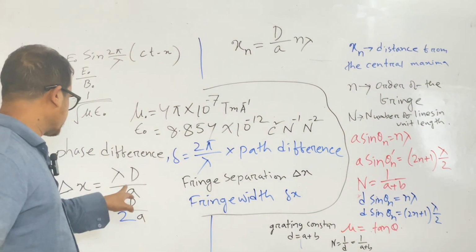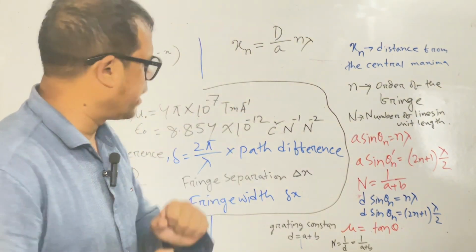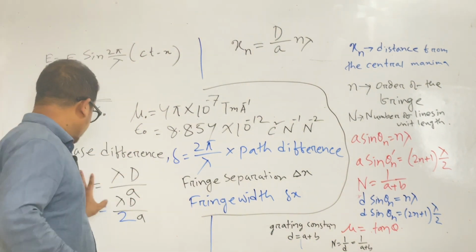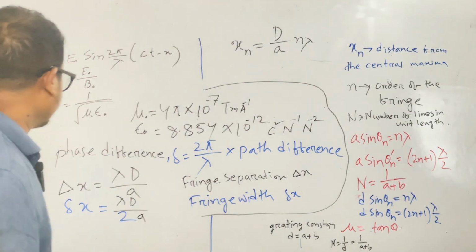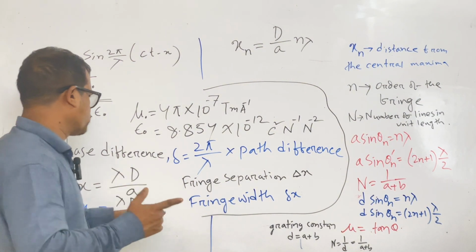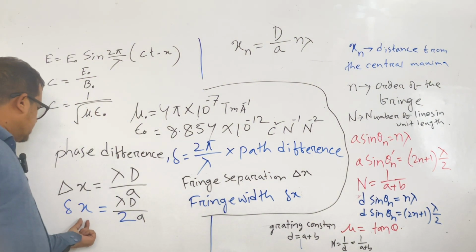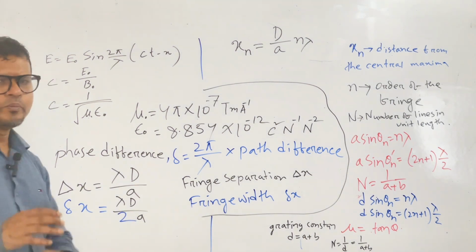If the question gives you the slit separation, capital D and lambda, you can find out the fringe separation. But when the question asks you to find the fringe width, then you have to apply this formula: del x equals lambda D over 2a.